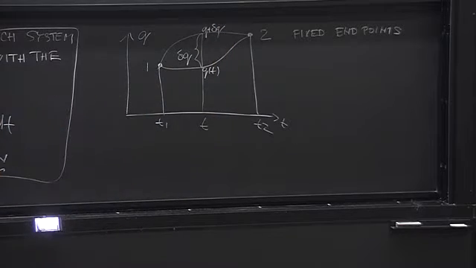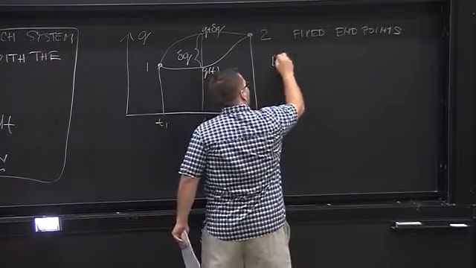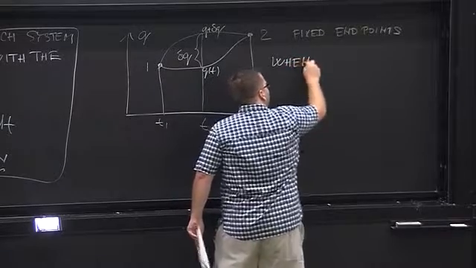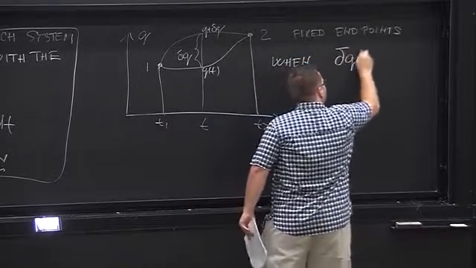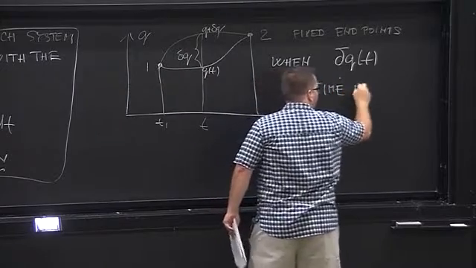So this variation is very, very important. When you derive the equations of motion, the variation is such that you fix time, and at that given time, you just consider a different trajectory. So when you consider delta Q of t, time is fixed.